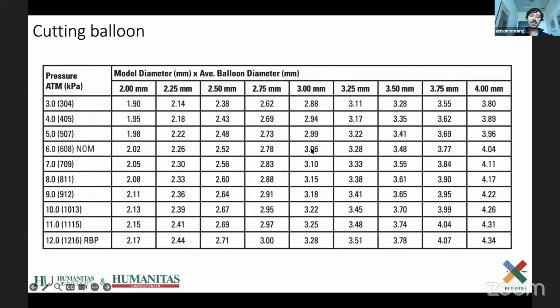You see that we pass from a 3.0 diameter for a 3.0 balloon at 5 atmospheres of inflation up to 3.3, 3.5 for inflation up to 18, 20 atmospheres. Let's say that our philosophy is to inflate the cutting balloon at high pressure, and I will show you how to do it.